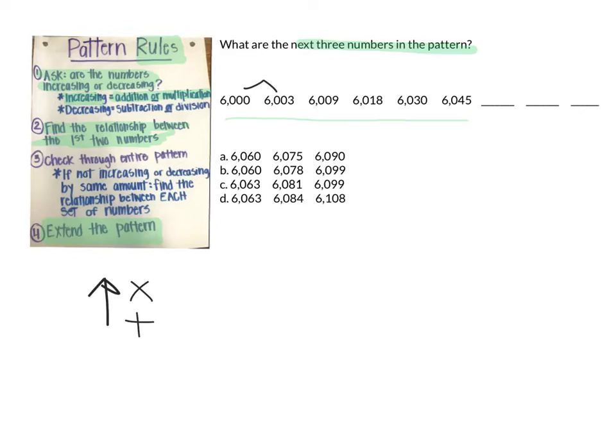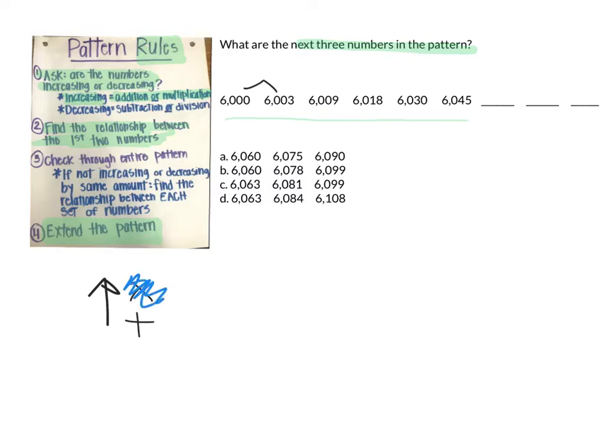How do I go from 6,000 to 6,003? So first I'm thinking about multiplication. If I multiply 6,000 by 1, I get 6,000. That doesn't work. If I multiply 6,000 by 2, I get 12,000. Well, that's way over my number. So we're not going to be multiplying.